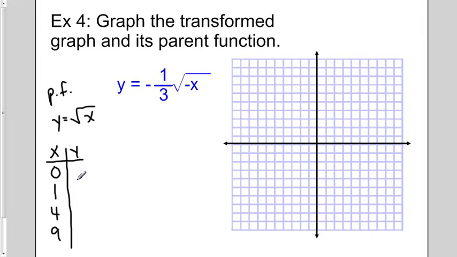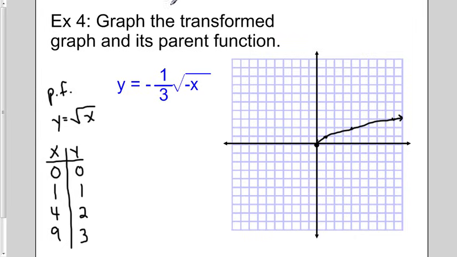So square root of 0 is 0, square root of 1 is 1, square root of 4 is 2, and square root of 9 is 3. Let's graph this. We got 0, 0, 1, 1, 4, 2, and 9, 3. So it's going to look something like this. It's going to look kind of like it's half of a sideways parabola.